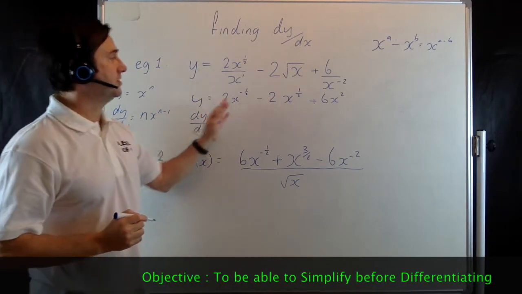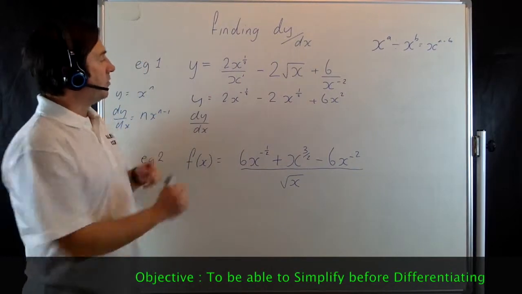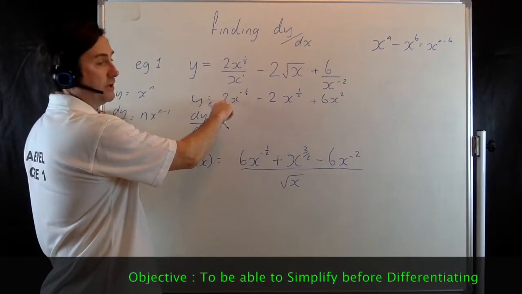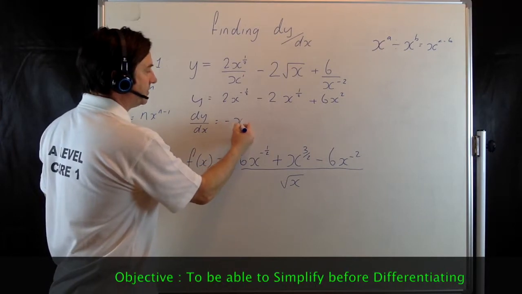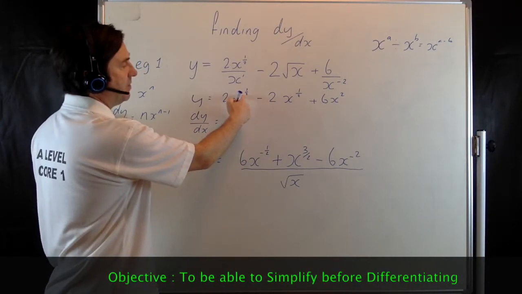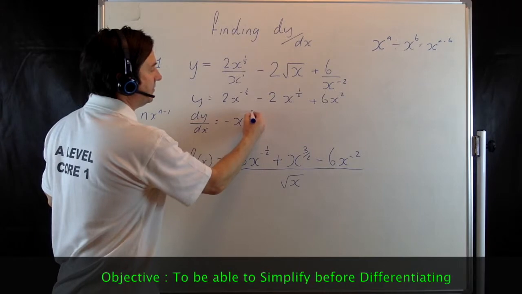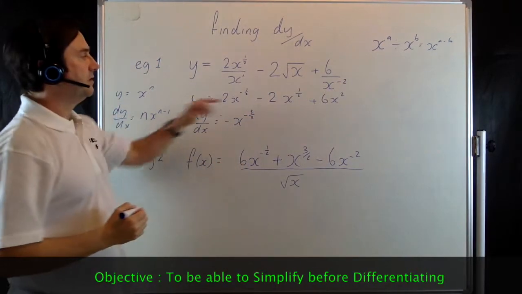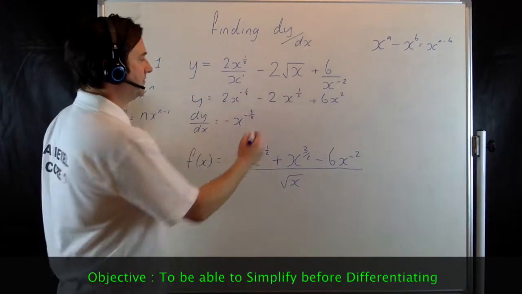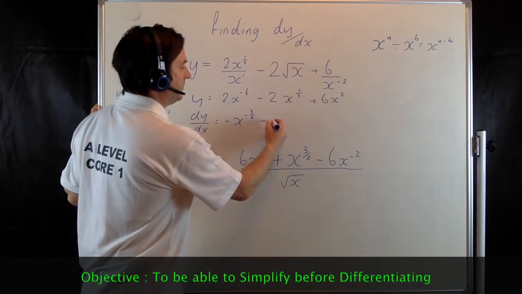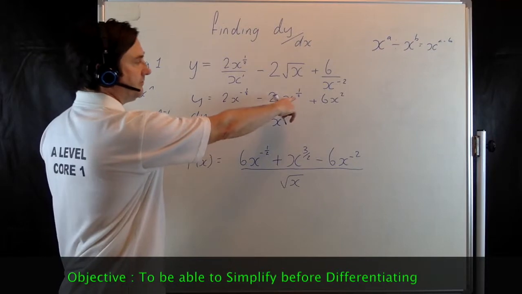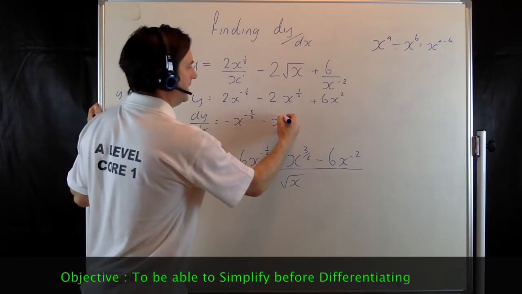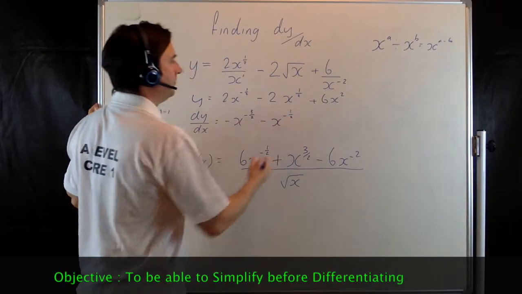Applying this on these three terms, we're going to get negative a half times 2, which gives you negative 1x. This term goes down by 1, so we get negative 3 over 2. A half times negative 2 just gives us negative x, and here this goes down by 1 again, so that's to the negative a half.